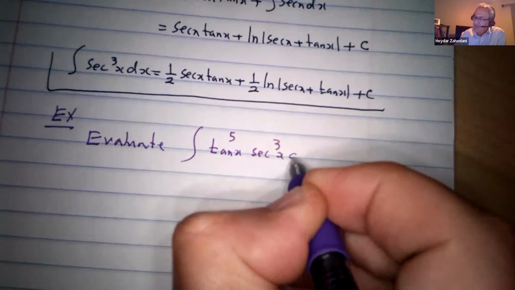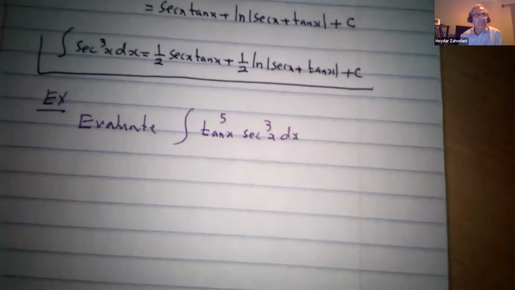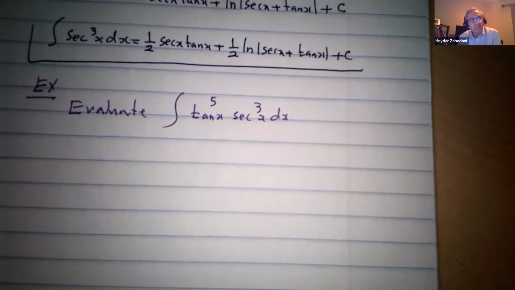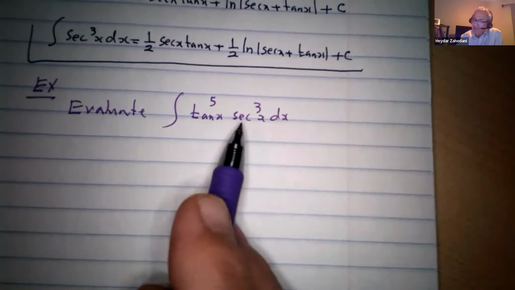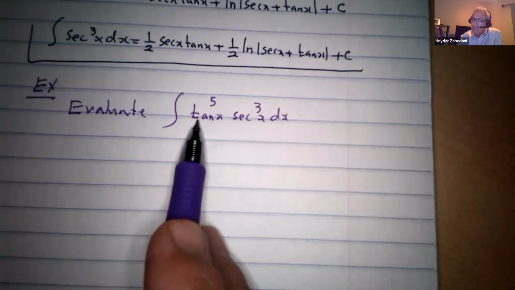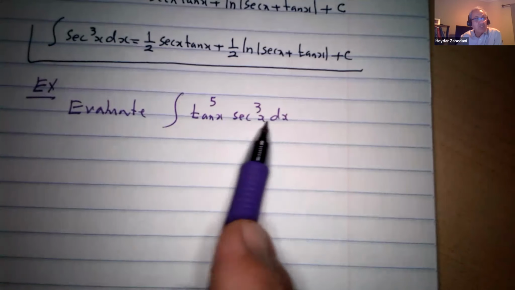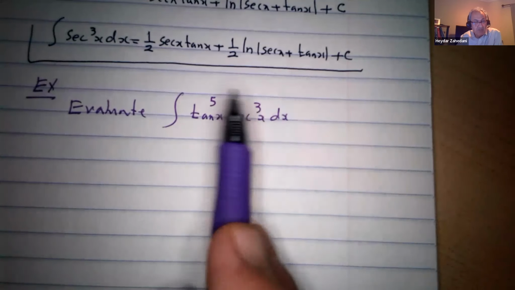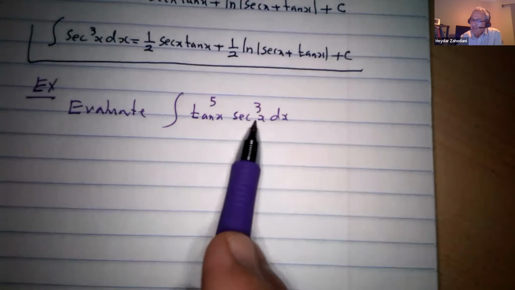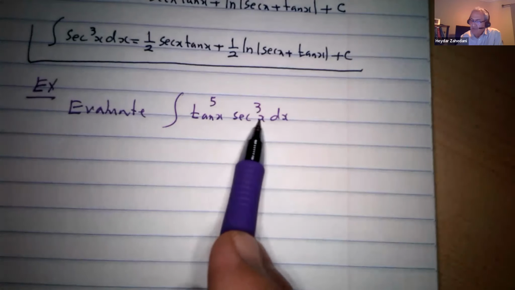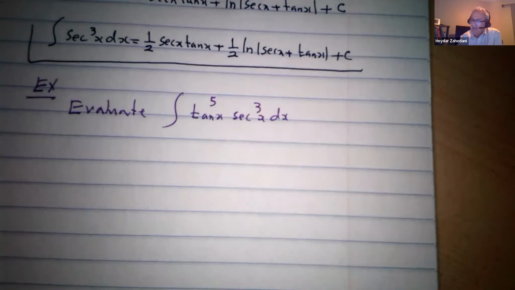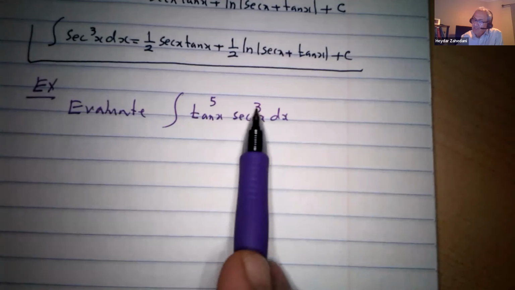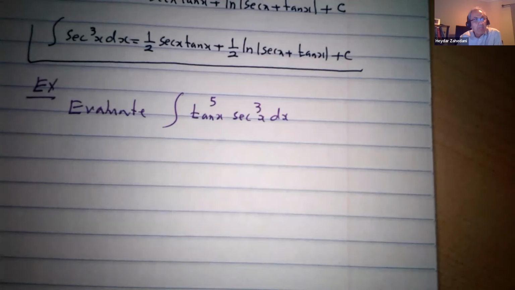I just want to remind you how we're going to handle this. If the power of one of them is even, you pull out, for example, one tangent squared, change it to secant squared minus one. Or if the power of the secant is even, you pull out one secant squared. But the question is, both of them are odd, so you cannot pull out the secant squared or the tangent squared.